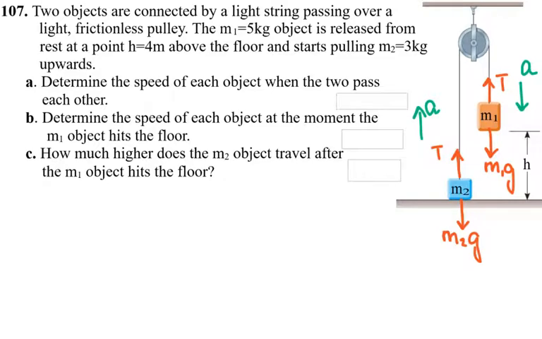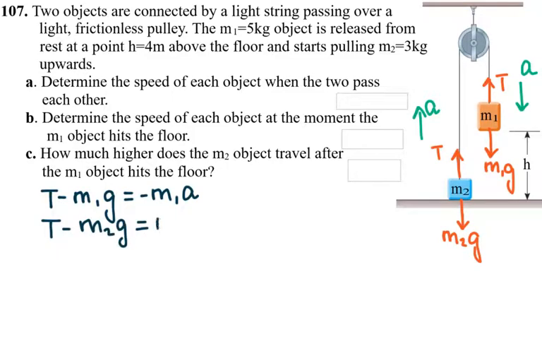Then we're going to use net force is equal to ma. So for the first mass, I have the tension minus m1g is equal to negative m1a, because acceleration is in the negative direction. And for the second one, I have tension minus m2g, and acceleration is positive, so it's m2a.